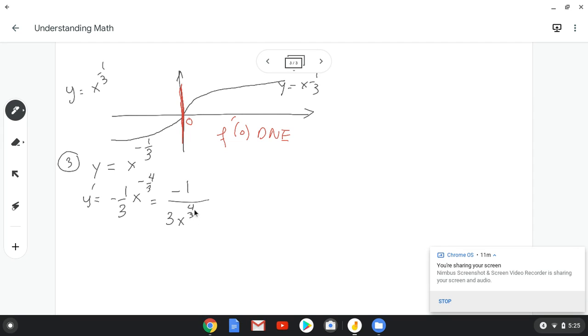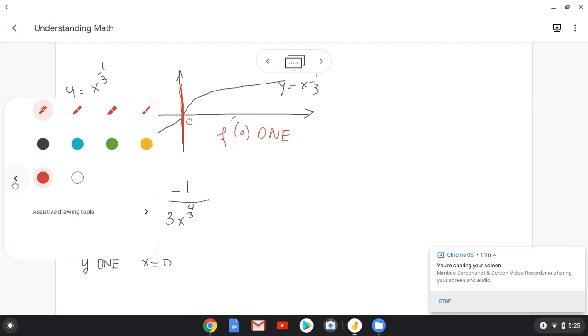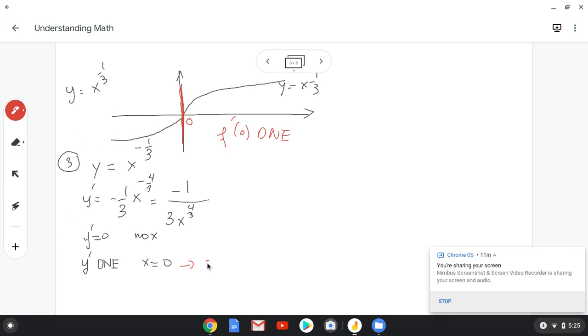Like in example number 2, y prime equal to 0 has no such x. Now y prime does not exist when x is equal to 0, like the previous example. So many people would say that this is a critical number.